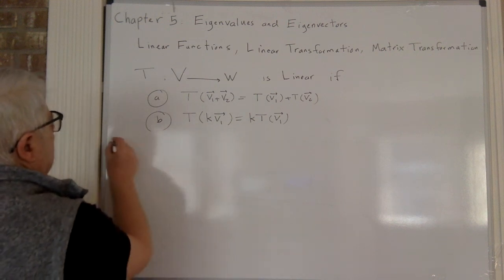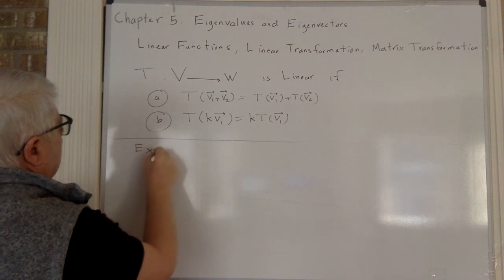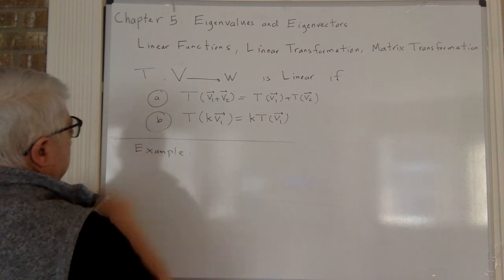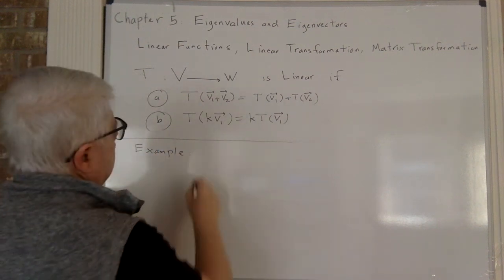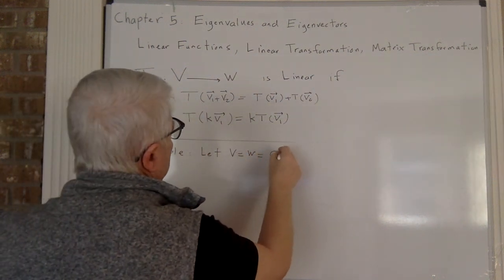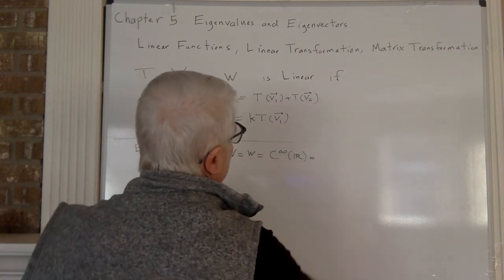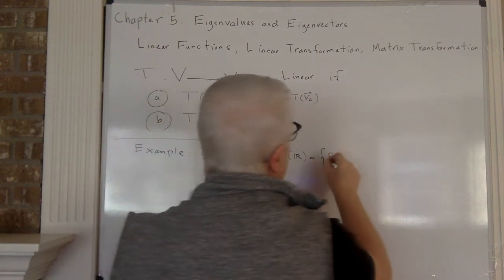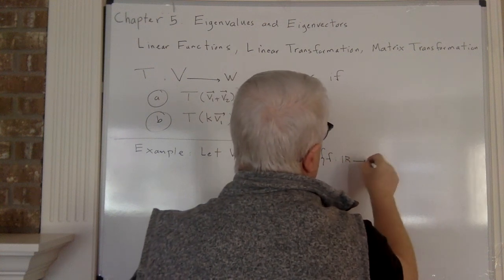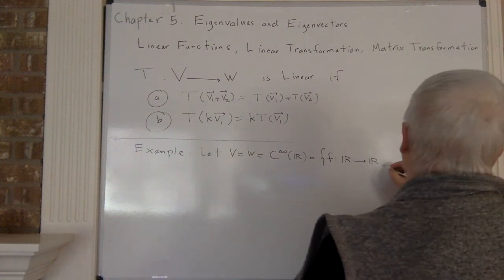So let's let V and W be C infinity R. And remember, this is functions from R to R which are infinitely differentiable.